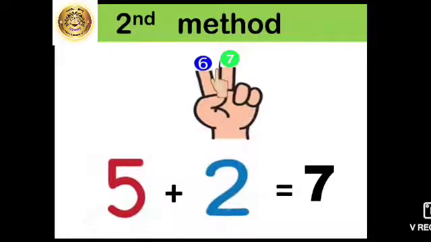After 5 it will be 6 and 7. And how many steps do you have to go forward? As many as the smaller number. Here the smaller number is 2, so you go 2 steps forward from 5.